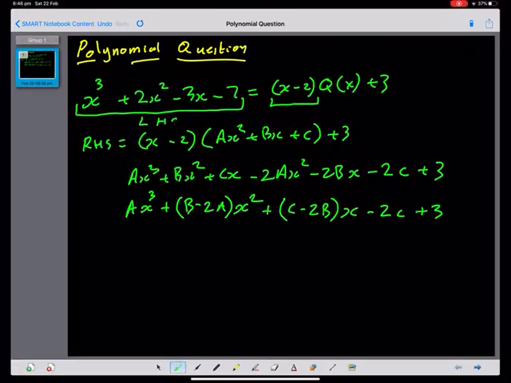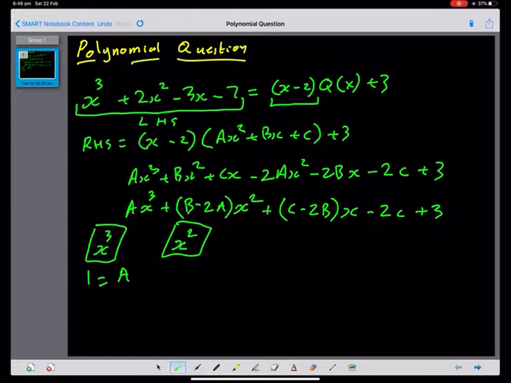Okay, so let's have a look at coefficients of x cubed. Hopefully you can see that we've got 1 as a coefficient on the left hand side, and we've got a as a coefficient on the right hand side. Okay, x squared. We have b minus 2a.